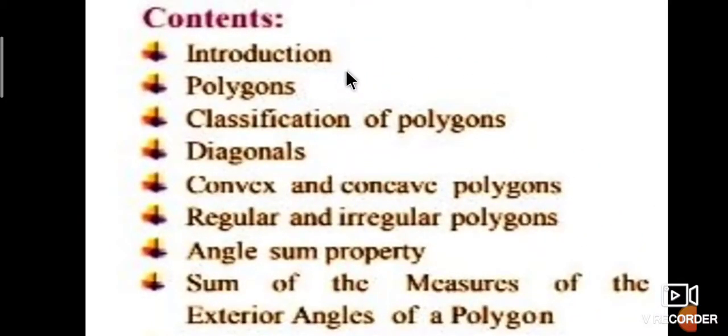The contents of this chapter are introduction, polygons, classification of polygons, diagonals, convex and concave polygons, regular and irregular polygons, angle sum property, sum of the measures of the exterior angles of a polygon, then kinds of quadrilaterals: trapezium, kite, parallelogram, elements of a parallelogram, angles of a parallelogram, diagonals of a parallelogram, and some special parallelograms like rhombus, rectangle and square.